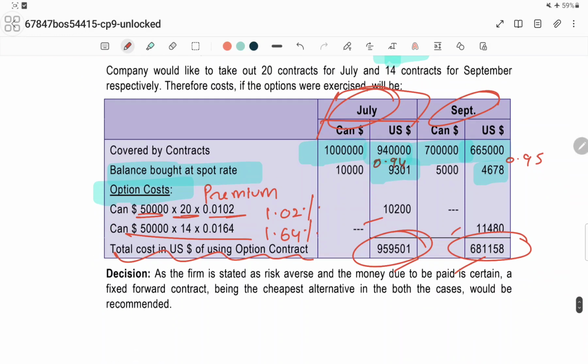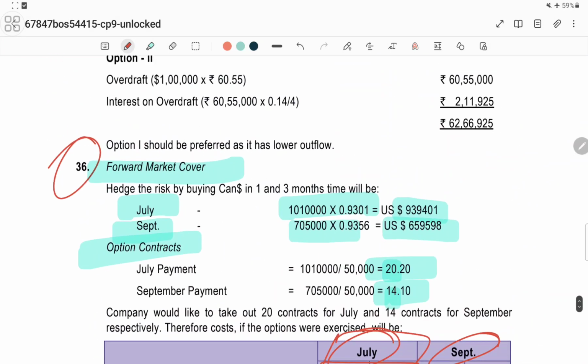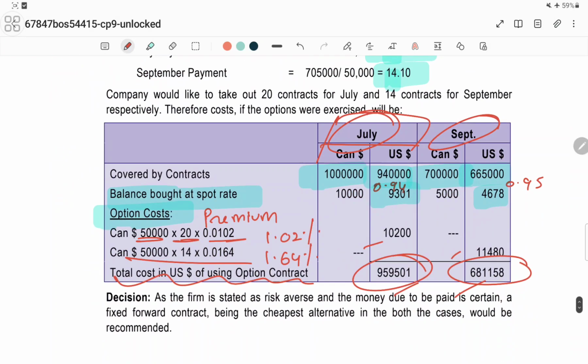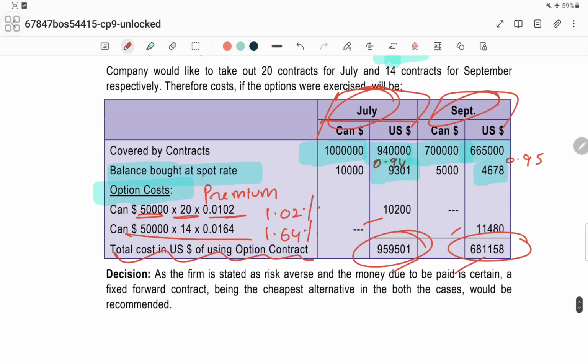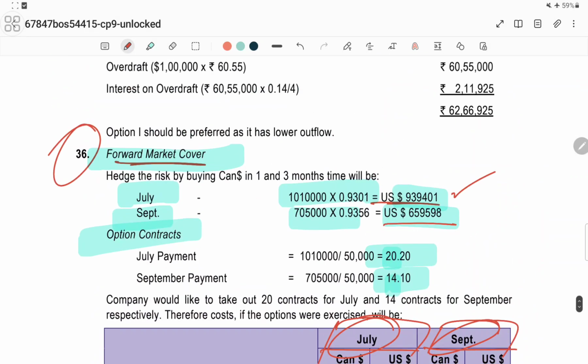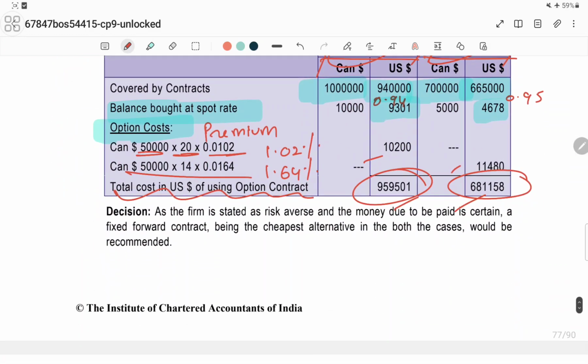My cost is coming, if I do the option strategy, 9,59,500, and in case of forward strategy the cost is coming at 9,39,400. Clearly the forward is favorable because the outflow is lesser when compared to the call option strategy, right? Similarly, when I compare for September as well, 6,81,000 and here it is 6,59,000. Again this is favorable, so I'll use the forward in both the cases.